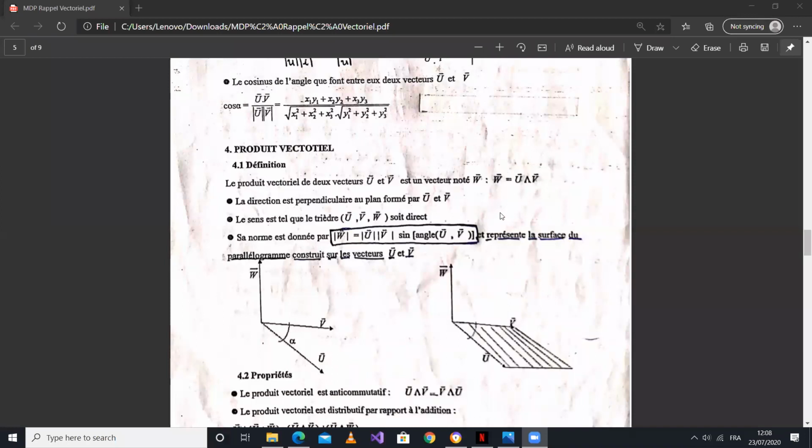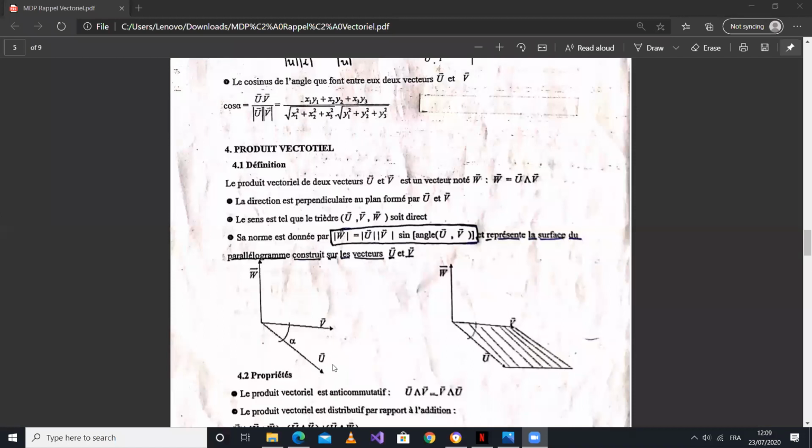If they tell us to find the product vectorial of two vectors A and B, we're calculating A vectorial B. The resulting vector we are going to get from that operation is going to be perpendicular to both A and B.